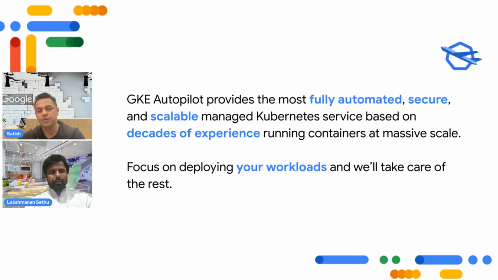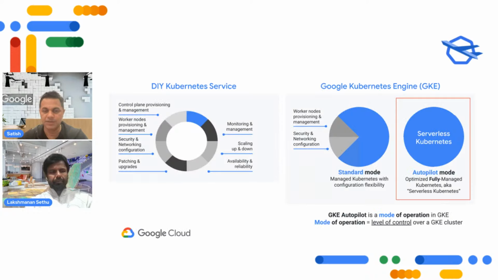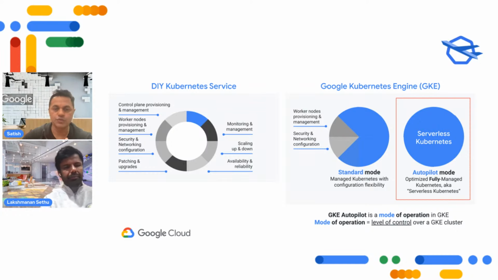Now, I'm assuming that you are already using Kubernetes, or let's say Google Kubernetes Engine, in standard mode. Typically, if you are just using Kubernetes services, you will end up managing everything from the control plane to monitoring to worker nodes. As a user of Google Kubernetes Engine in standard mode, most of the things are taken care of by GKE.